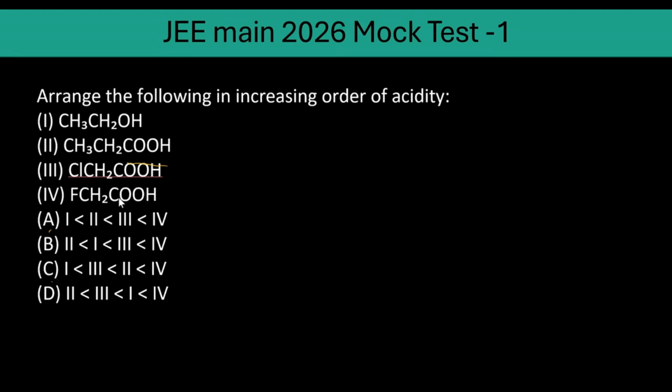So Cl or F, which is withdrawing more? F will withdraw more, being more electronegative. So again we are getting A or C. After fluorine, there must be 3. So option A is your answer.